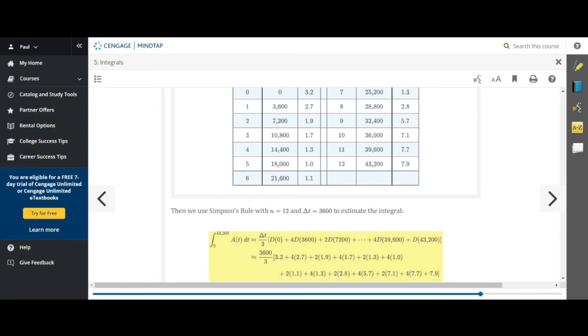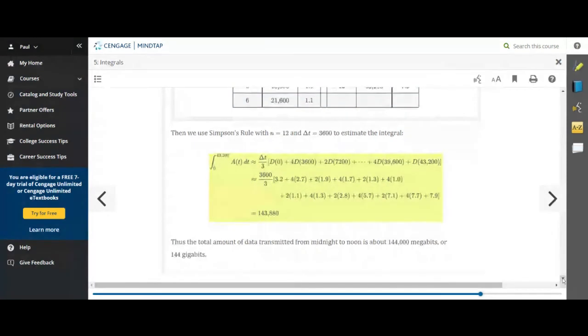So then you just evaluate this. Naturally, you can use your TI calculator or Desmos. That'll be fine. It turns out that's all going to equal 143,880.